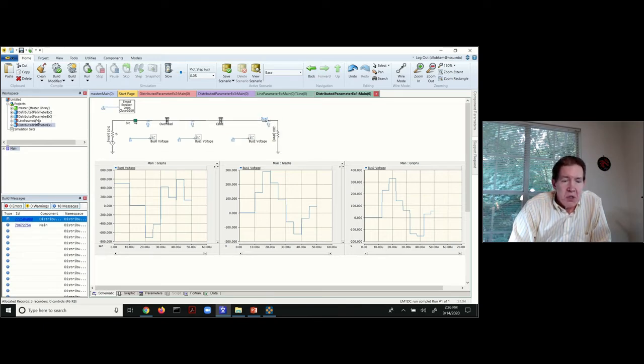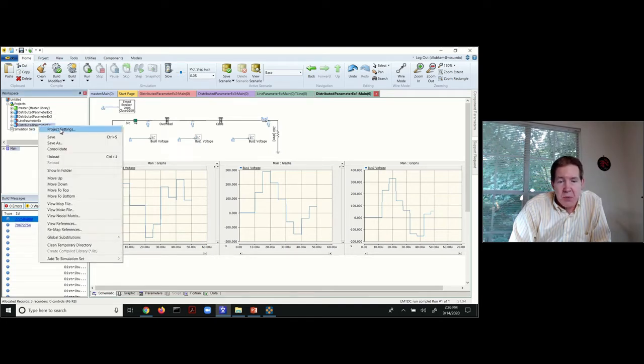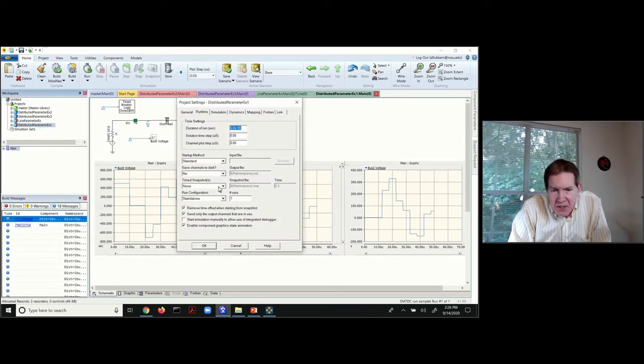One thing you need to do when you're running this is check your time steps. In the project settings, these time steps have to be pretty small. You just make sure you've got the time steps small enough that you can properly capture everything. In this case, I've set this up for 0.05 microseconds.